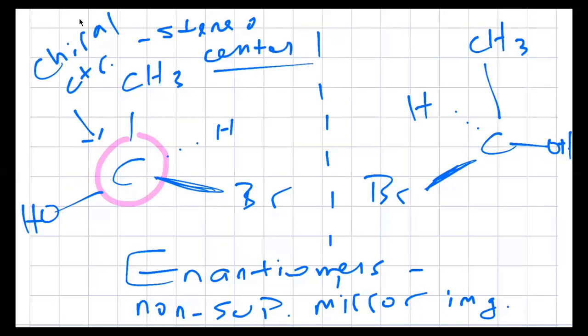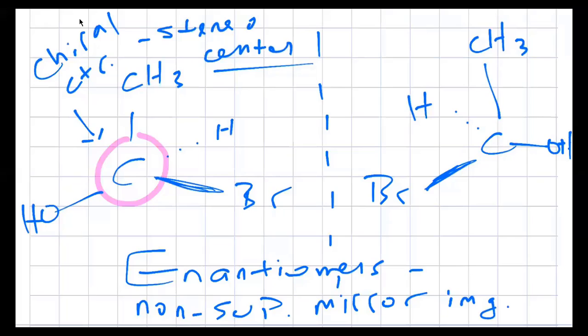Both of those terms are interchangeable. Chiral center, stereogenic center, all interchangeable terms. They all mean the same thing. It's an atom that is a chiral center, or that has chirality. It's got 4 different groups. It's sp3 hybridized. It's non-symmetrical, and the mirror images are non-superimposable.